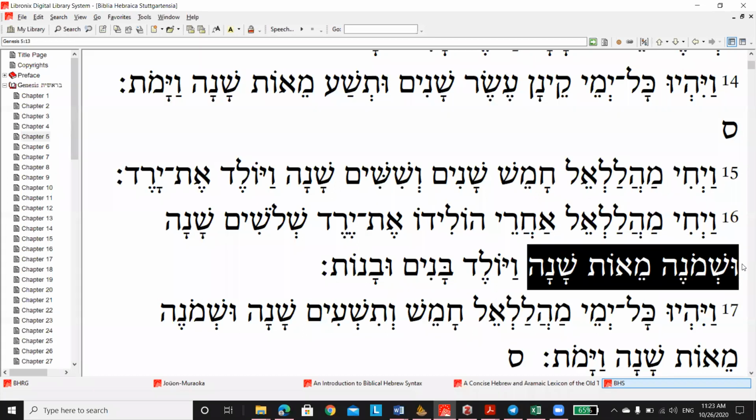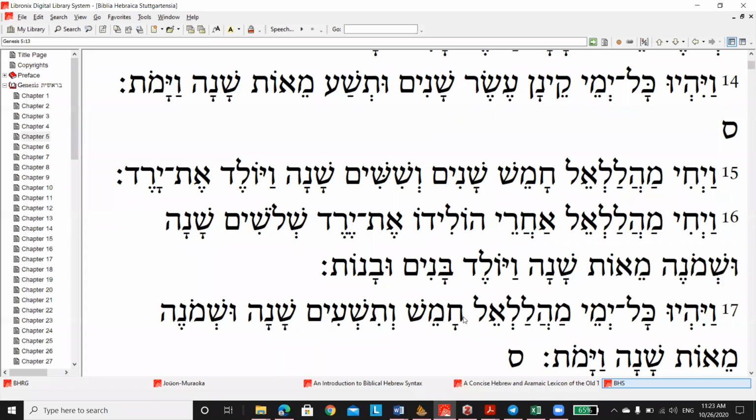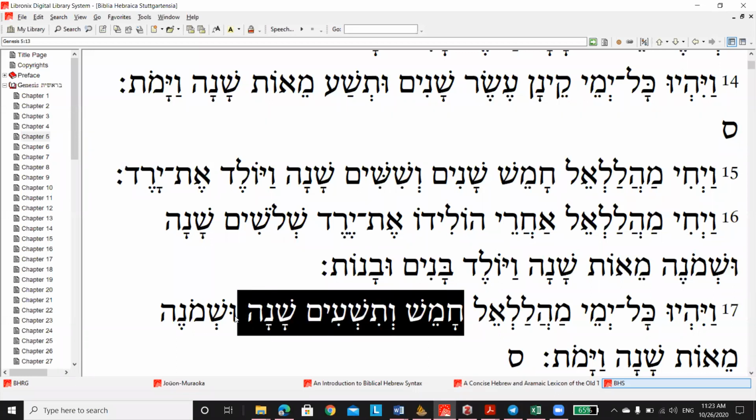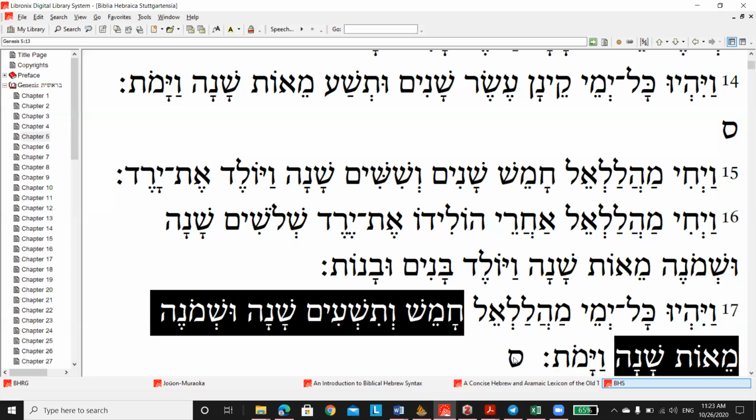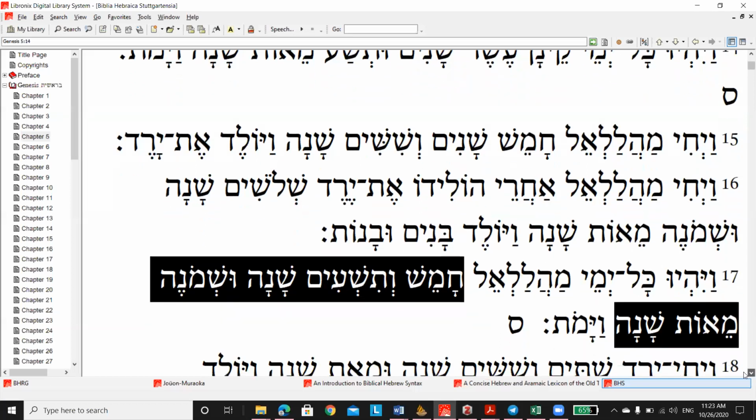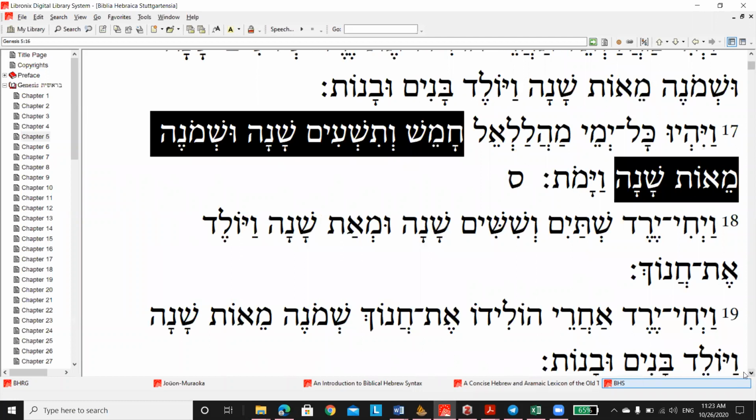Shaloshim Shana is 30 years. And Shmoneh, what is Shmoneh? 8. 800 years. Yes. Vayoled. Can you translate this one? And he begot sons and daughters.